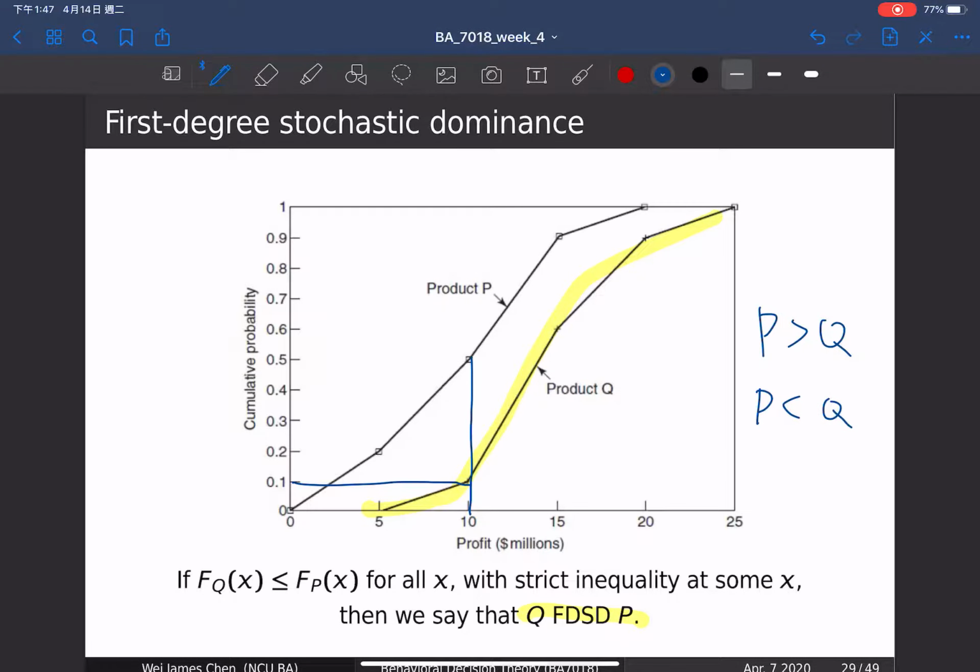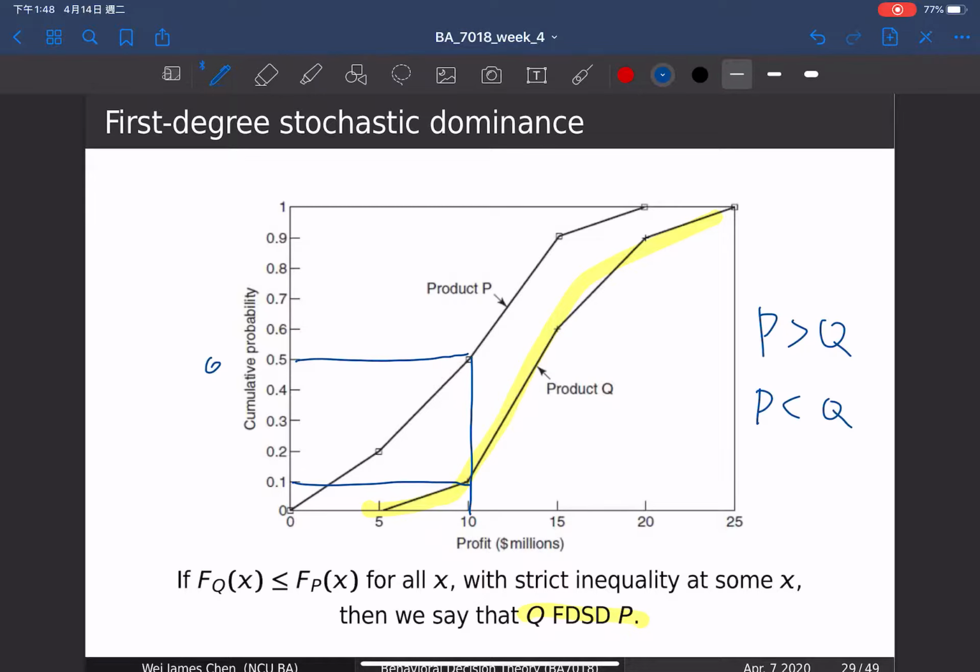And for product P, that's 0.5 probability. Because this is a low number, product P is worse. And this is not true just for a profit of 10 million. It's at every single point. So if you sell product Q, your profit is always higher.